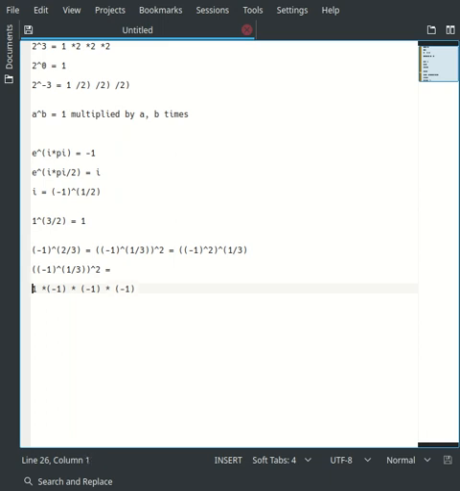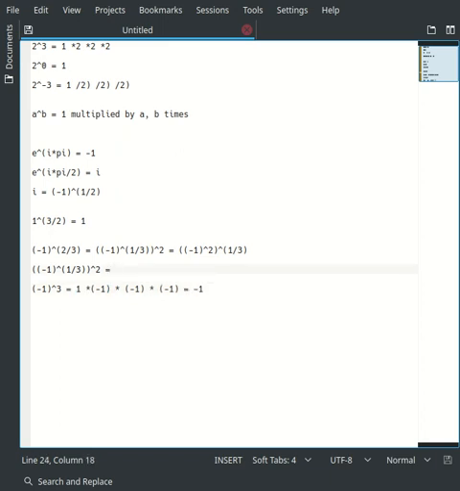Alright, so this is -1 cubed. Okay, so this whole part here is just 1, times negative 1. So we get out a negative 1.